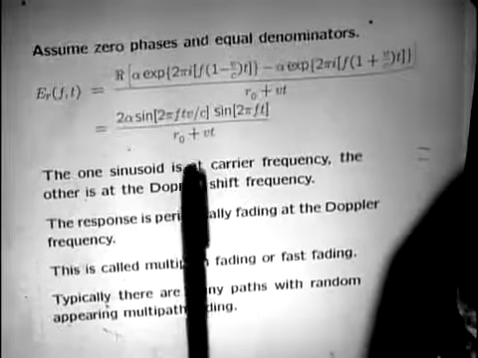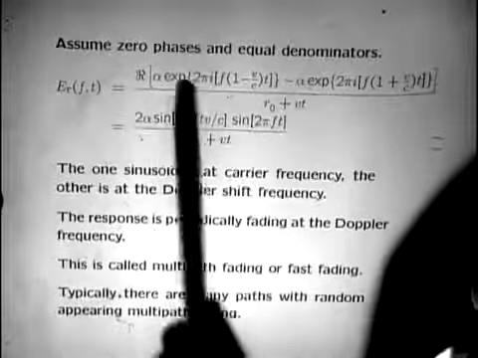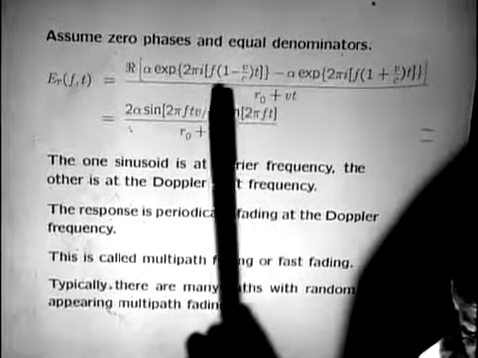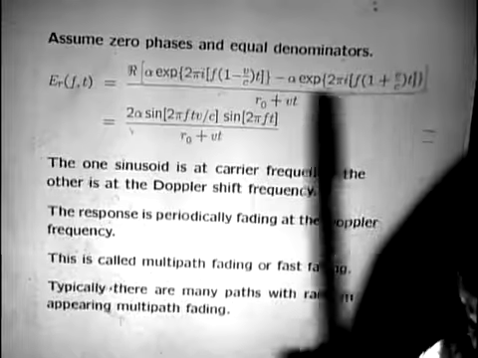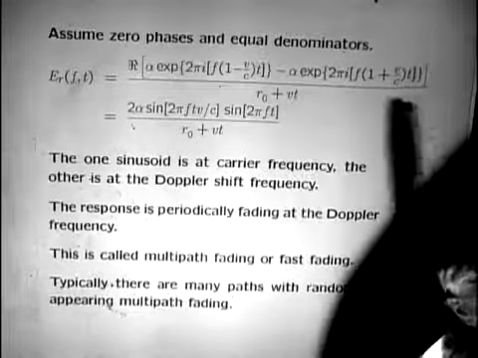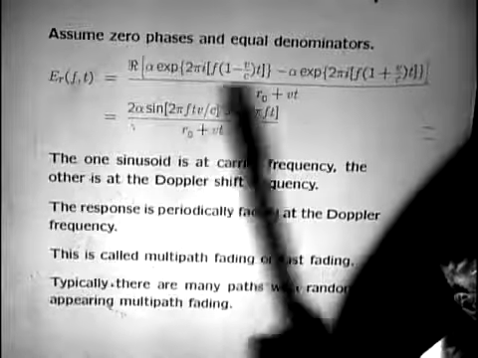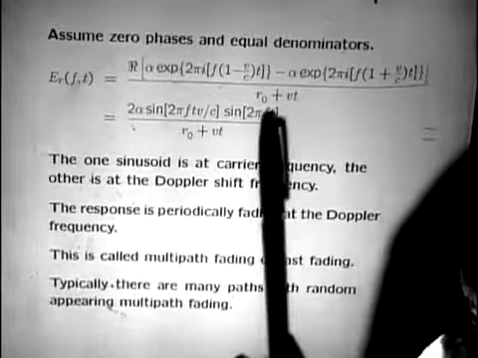Okay, in other words, it collapses into a sinusoidal term, which is the major part of this term, and the major part of this term. In other words, I can cancel out the terms here that are the same as the terms here. And when I cancel out those same terms, that's the term that comes out.